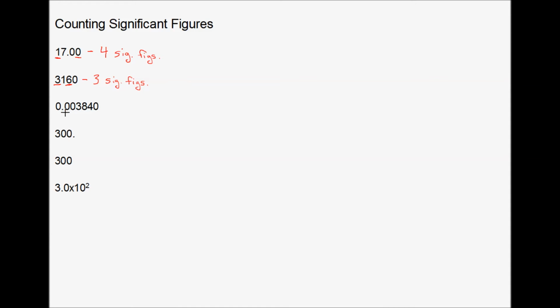Here I have another number. Again, it has a decimal point. First I find the first significant digit in the number, the leftmost non-zero digit, that's this 3. Because of the decimal point, I can identify the final significant digit of this number as this 0. And so counting between them, 1, 2, 3, 4, this number has 4 significant figures.